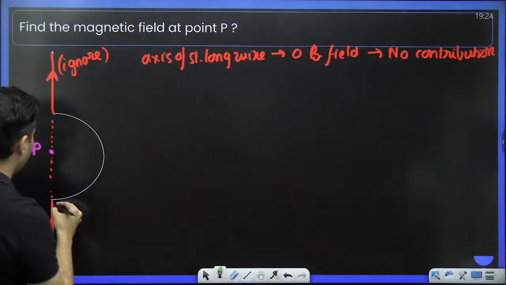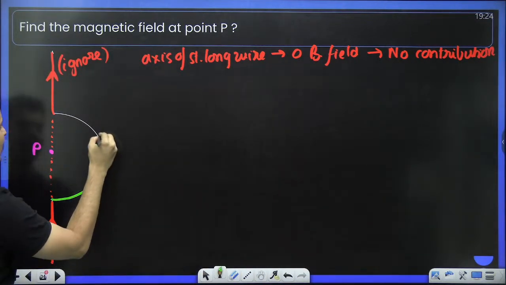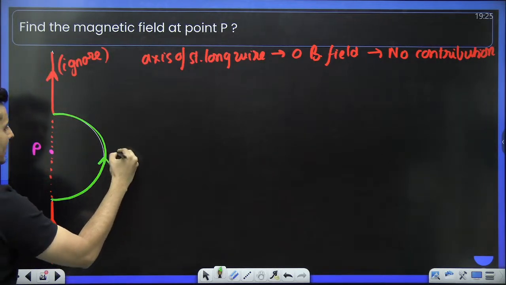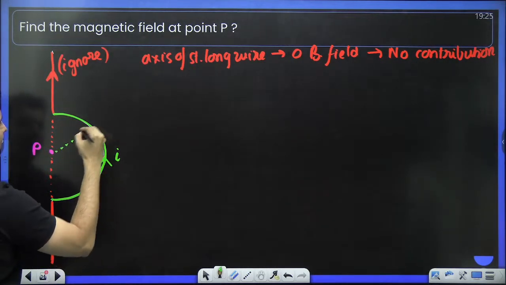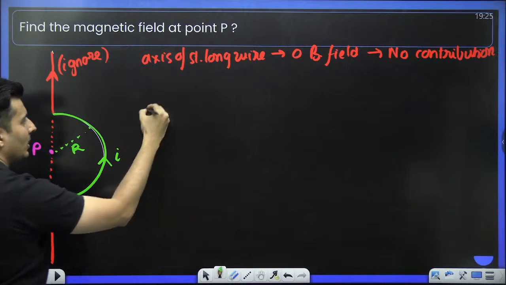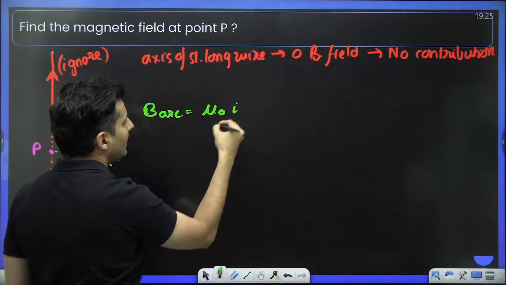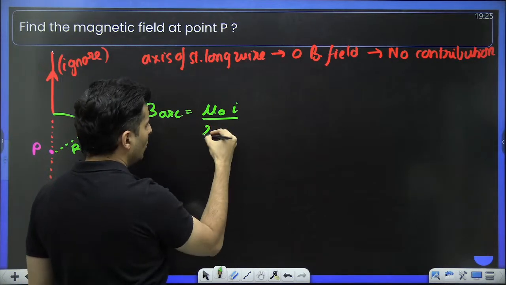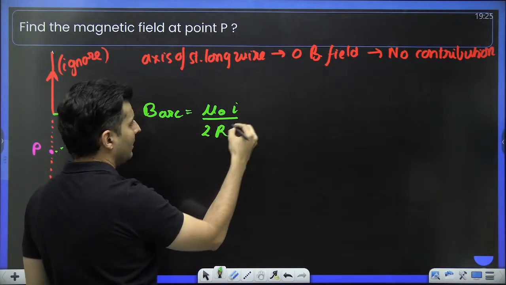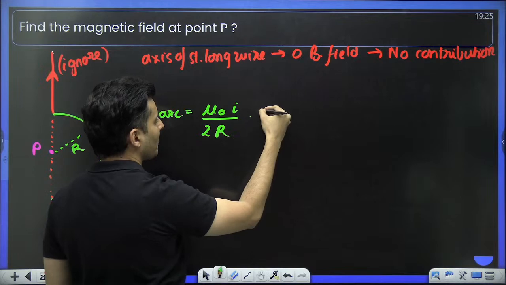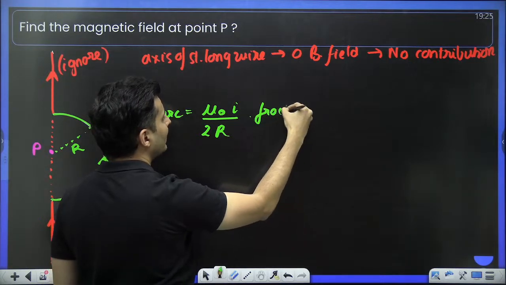This particular curved part is like an arc. It is carrying some current. There is some radius, let's say it is R. So the magnetic field due to that arc is mu naught I by 2R, multiplied by the fraction. What is that fraction going to be? Think about it.